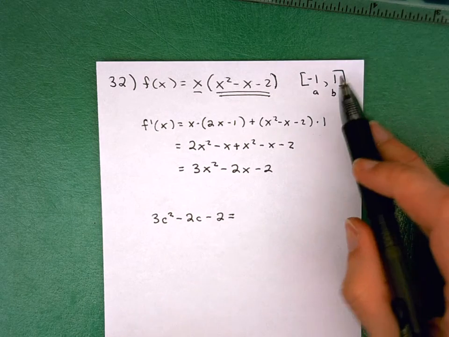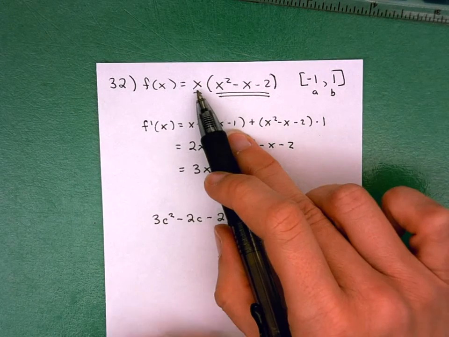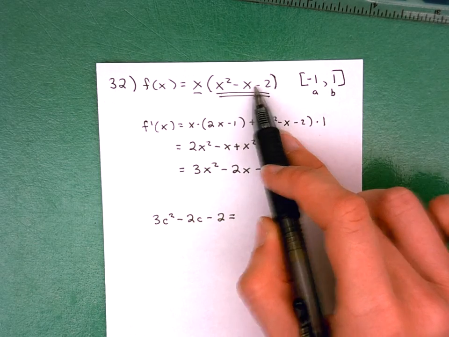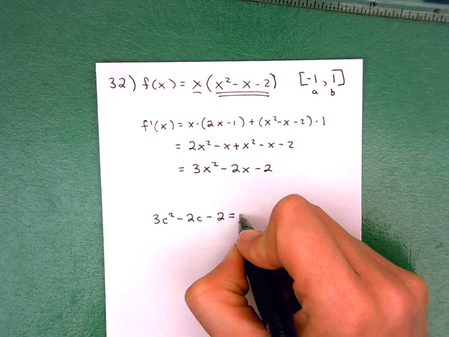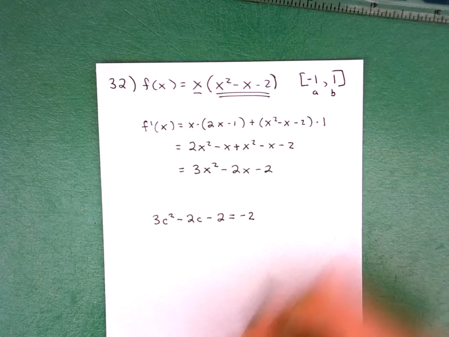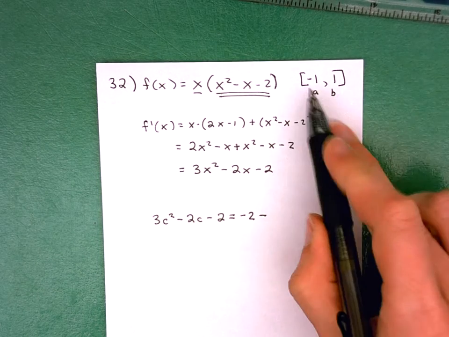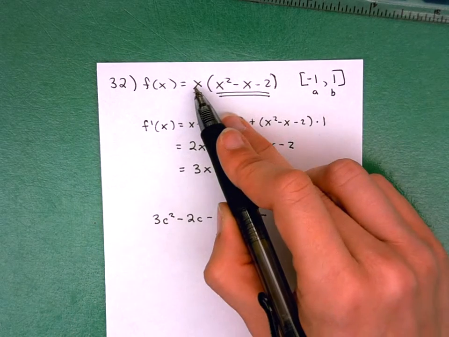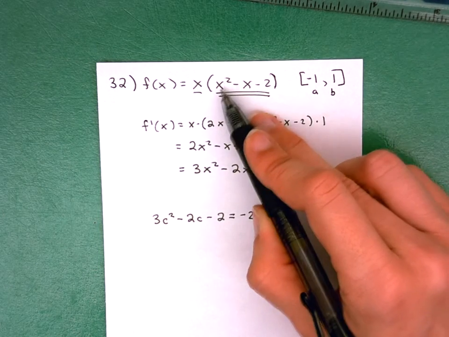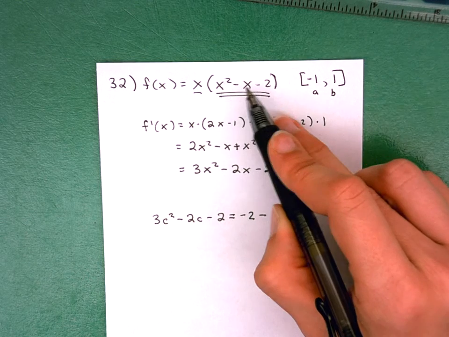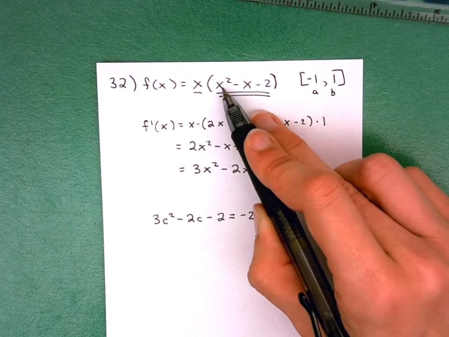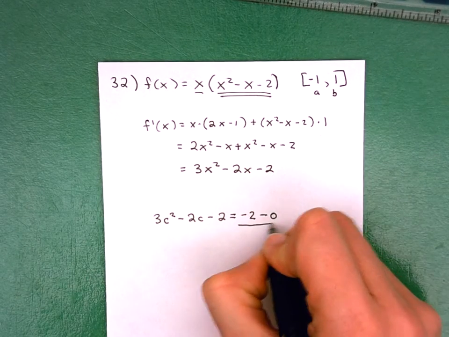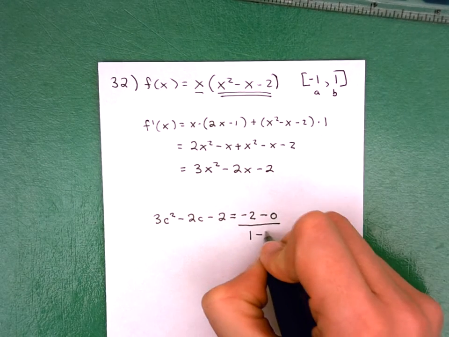So I plug that in and I get 1 times the quantity 1 minus 2, which is negative 2. That's my f of b, minus my f of a. So I plug in negative 1 into my f. I get negative 1 times negative 1 squared minus negative 1. So this is 1 plus 1 minus 2, which is 0, all over my b minus my a.